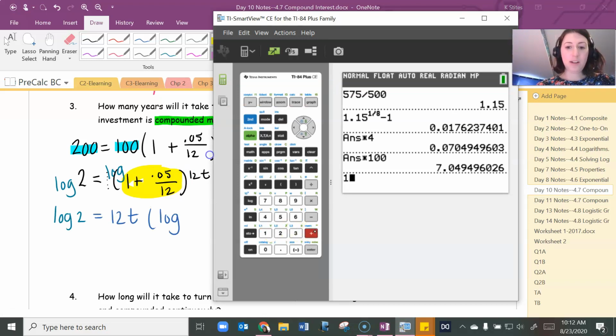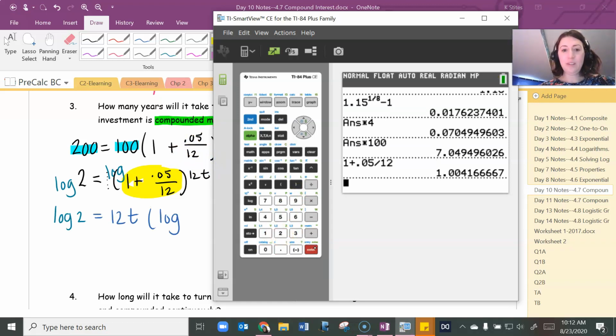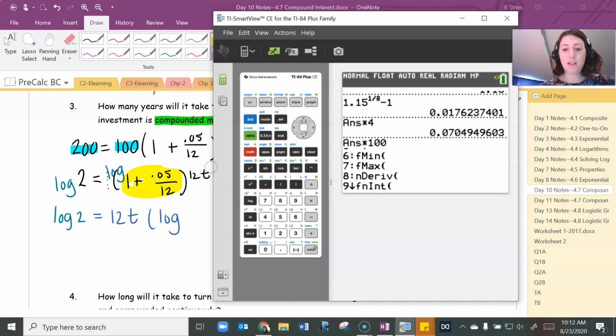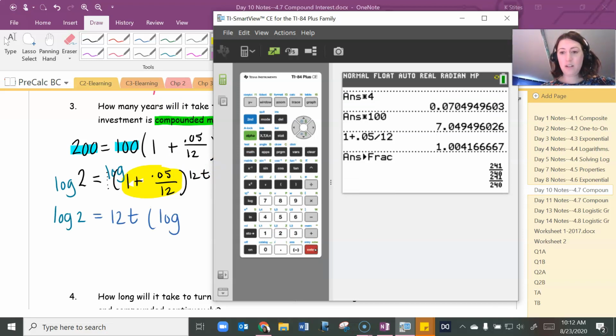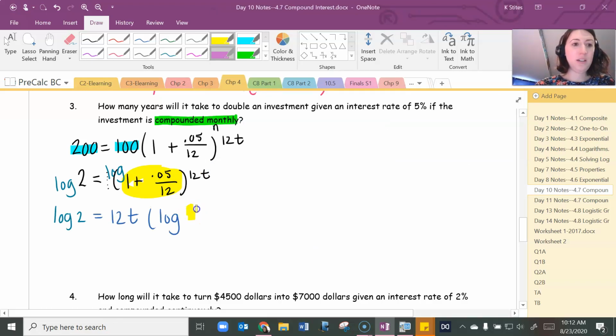So 1 plus 0.05 over 12. Let's math frac that. So that's 241 over 240. I don't know if that's better or worse than what it was.